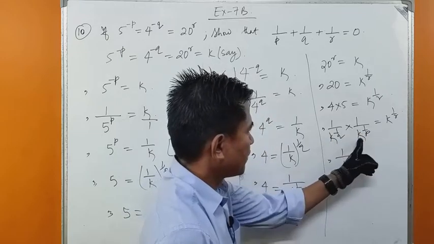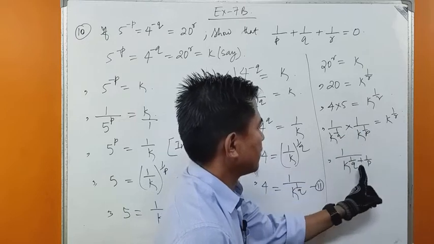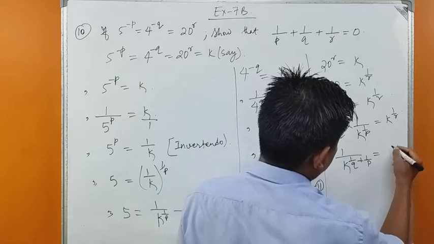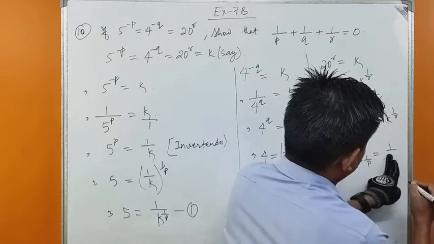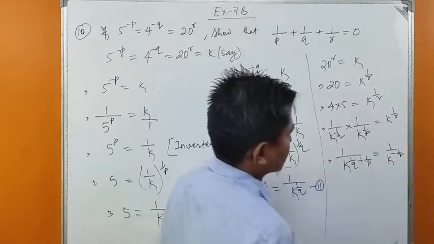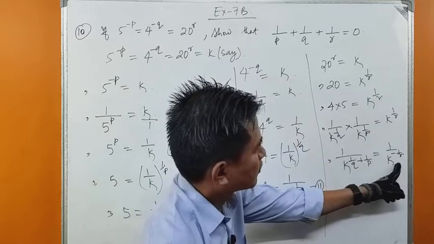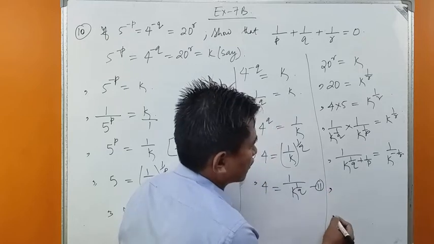When we multiply numbers having the same base, the powers 1 upon q and 1 upon p add up, equals k to the power 1 upon r, means k to the power minus 1 upon r, isn't it? k to the power plus 1 by r, when we take to the denominator, becomes k to the power minus 1 by r. Now we apply invertendo again.